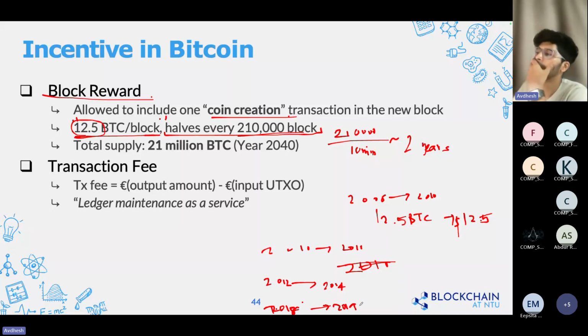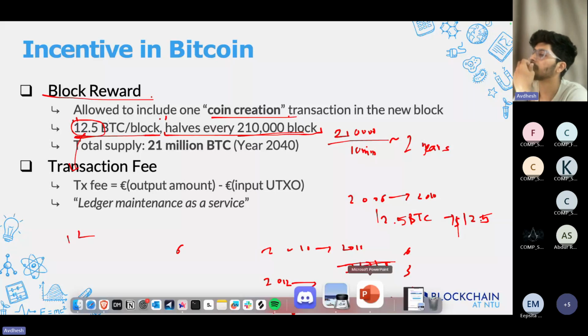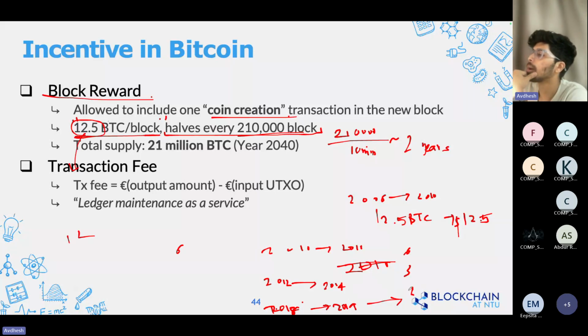So now it's been halved how many times? Like 12.5, let's for the sake of argument take 12. It has been halved like how many times? 6, 3, 2. So around 2018 to 2019, the incentive mechanism was two bitcoins for every block.